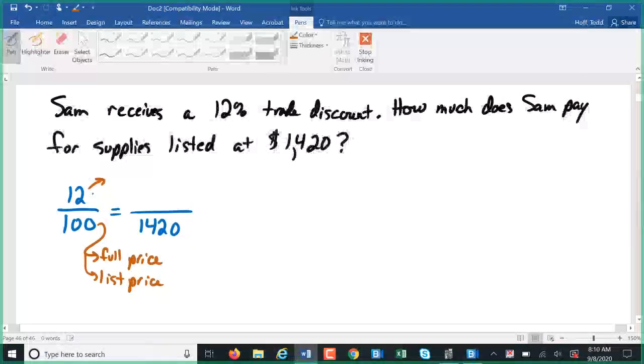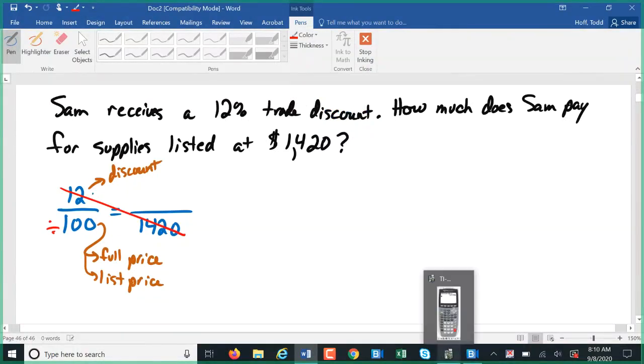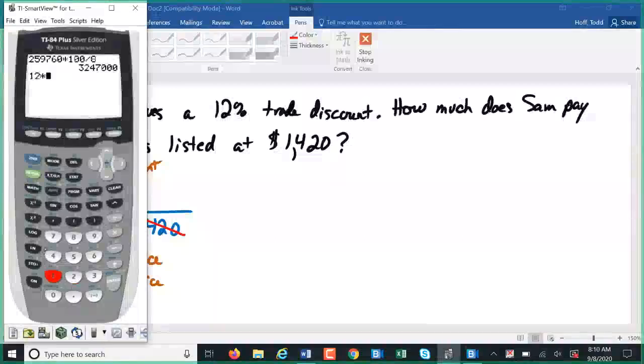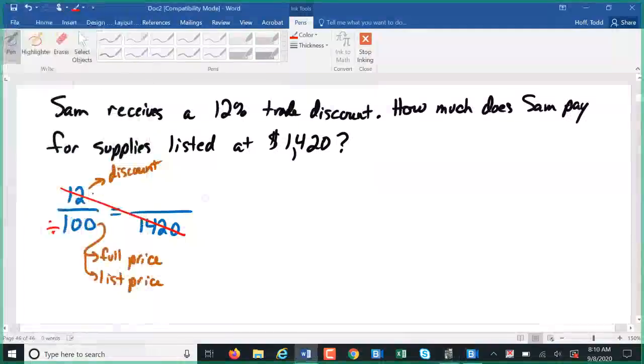The 12%, though, is the discount. So we could go through with this calculation, 12 times 1420 divided by 100, gives us $170.40.